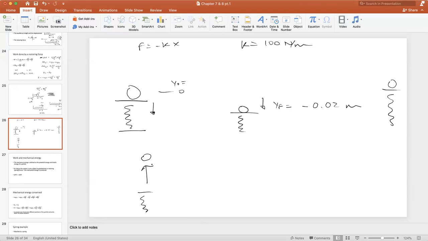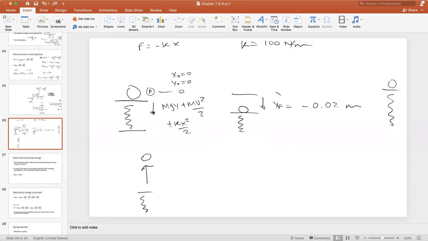And I need to talk to you about this. So initially, if it's sitting at equilibrium, nothing's going on. Here, we pushed it in. So I'm going to call this A. And at A, it's at rest. Nothing's happening. Everywhere, this thing has mgy plus mv squared over 2. We have gravity. We don't have kinetic, or we don't have spring yet, but this will be kx squared over 2. But note that x initial is 0, y initial is 0.